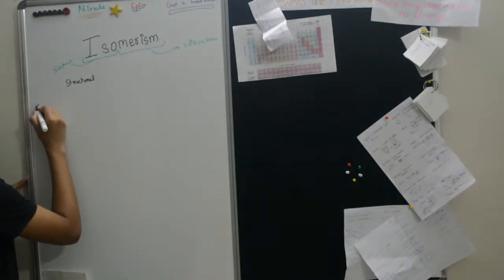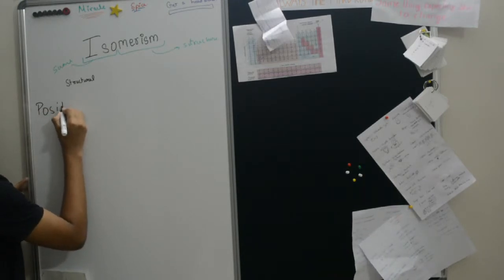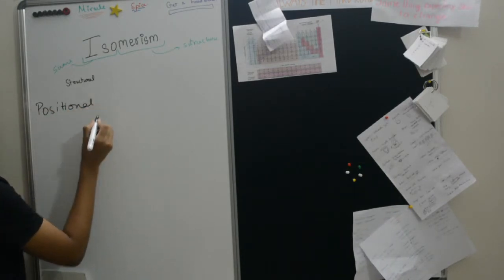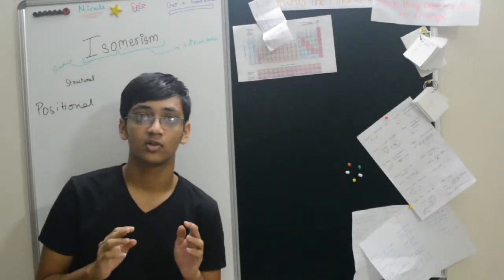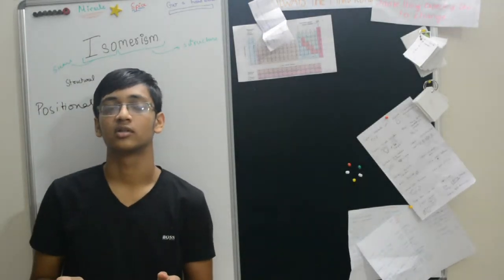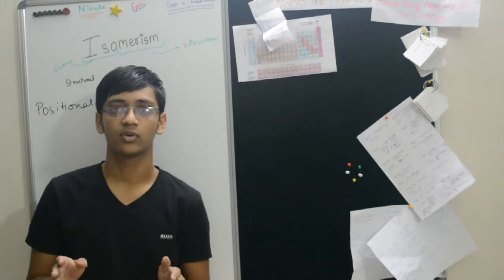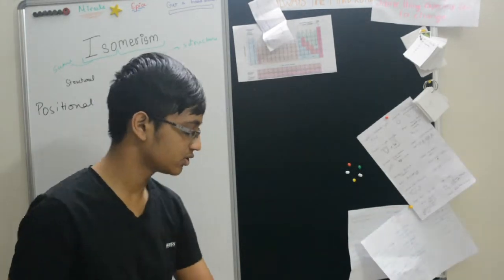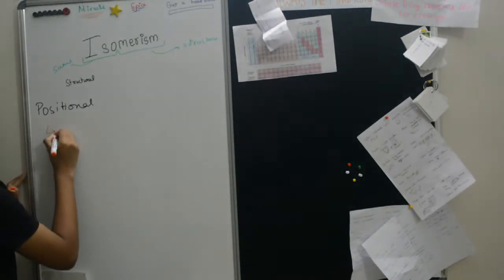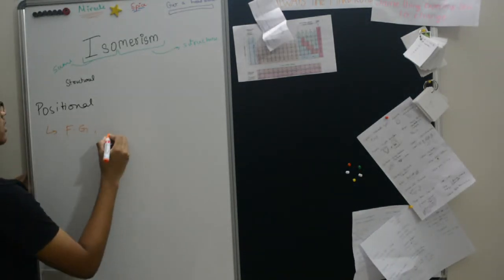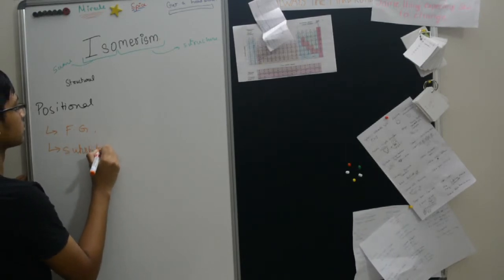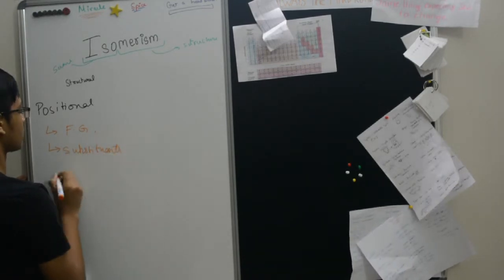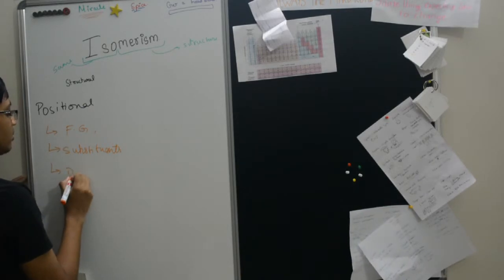So, what is positional? What is the difference between positional and chain isomers? Positional isomers can be applied only to a few things. Positional isomers can be applied only to functional groups, only to substituents, and only to multiple bonds.